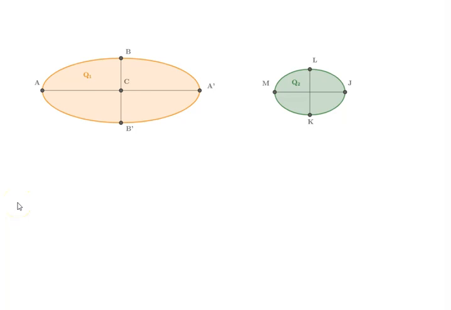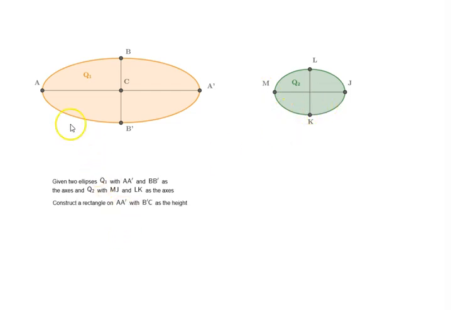So let's begin. Given two ellipses Q1 and Q2, with A prime and BB prime as the major and minor axis of Q1, and MJ and LK as the major and minor axis of the ellipse Q2, construct a rectangle on A prime with B prime C as the height.